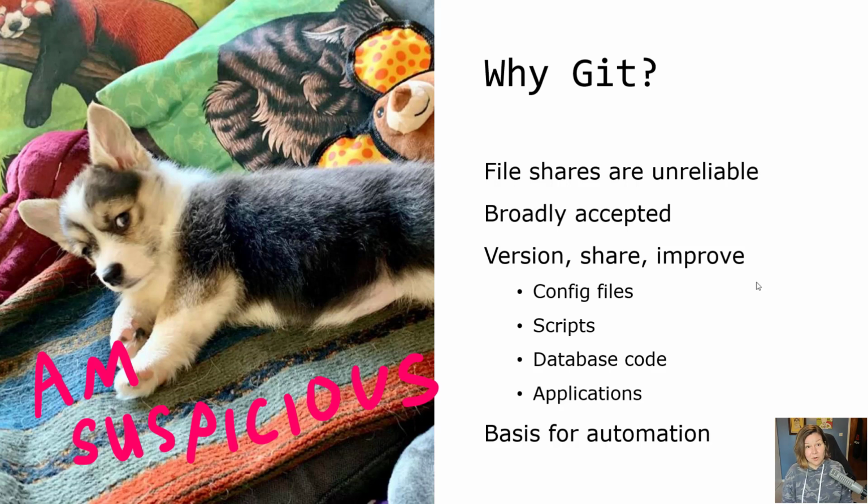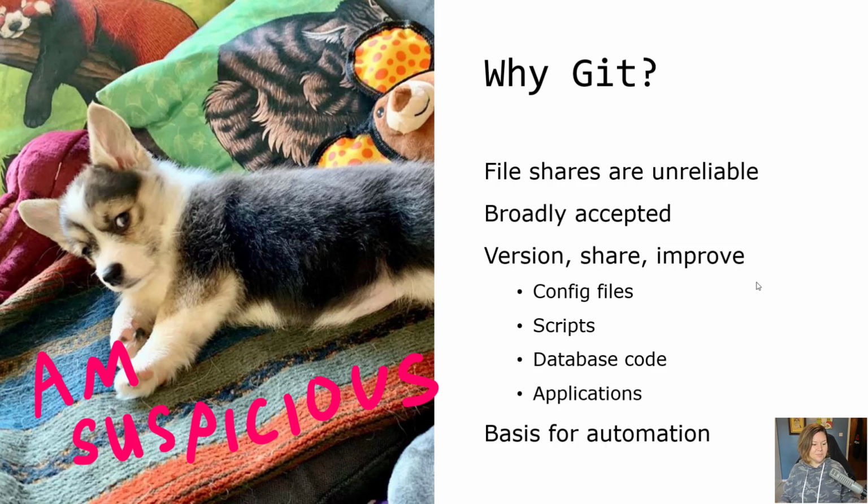And in terms of the work of DBAs, this has everything to do with common scripts that you run, to configuration files, to code for your databases, as well as any applications that you may build. So there's lots of things you may do with this. And I think you'll also find that a lot of automation kind of expects that you're maintaining files in source code.